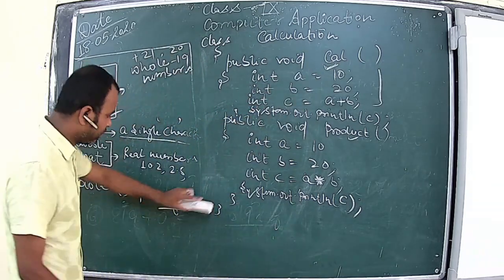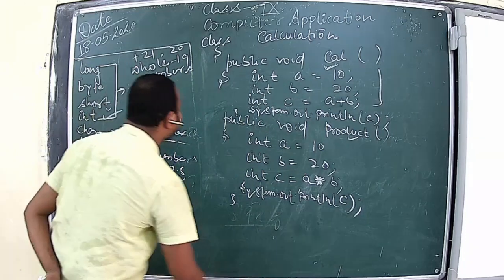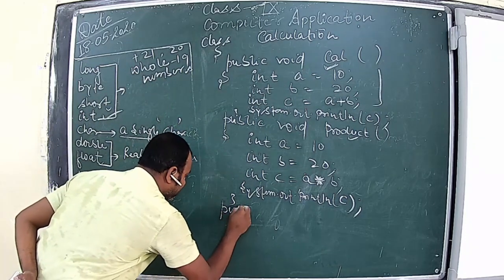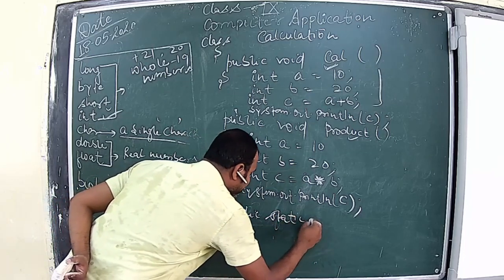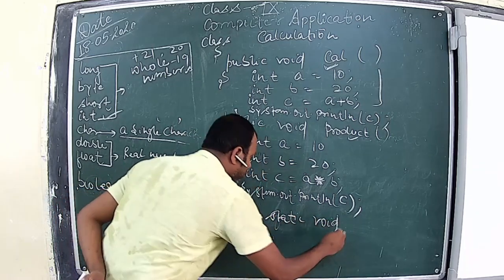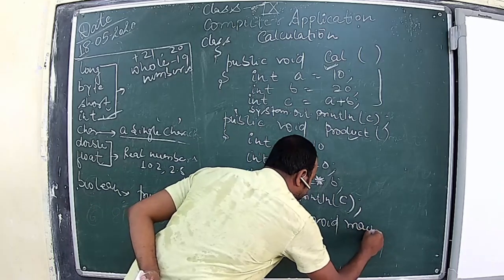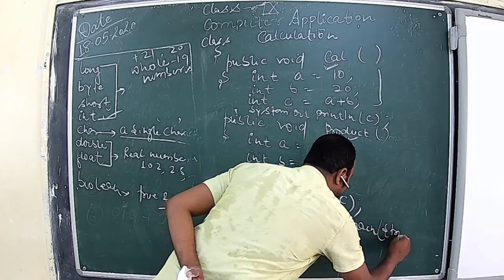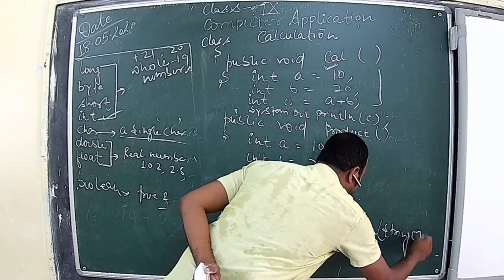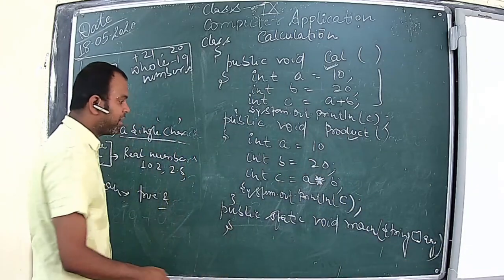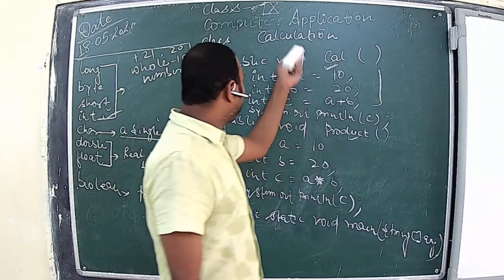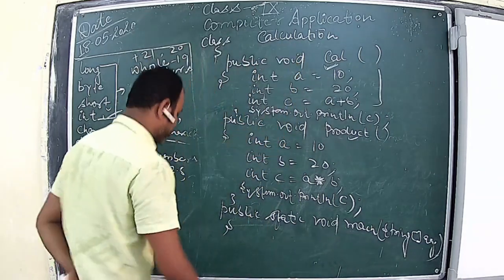Okay, so let me write one main function: public static void main, String args, and here I will create objects of this class Calculation.